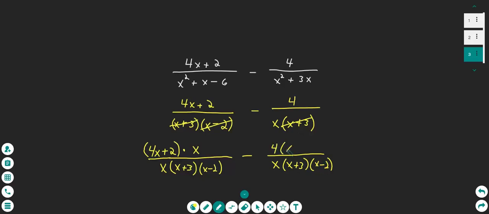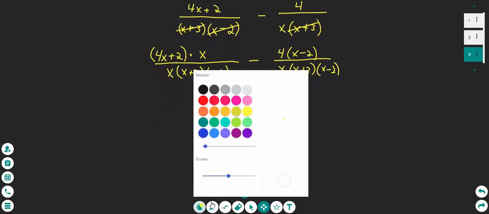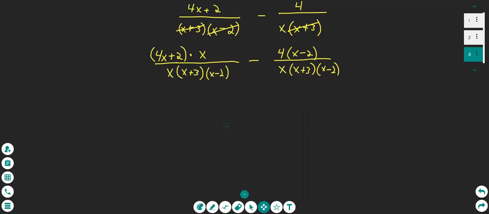So 4 times x minus 2. Okay? All right. And then we can just combine these into one nice fraction here, which is x plus 3, x minus 2. Here's my common denominator. And let's multiply some of this out a little bit.